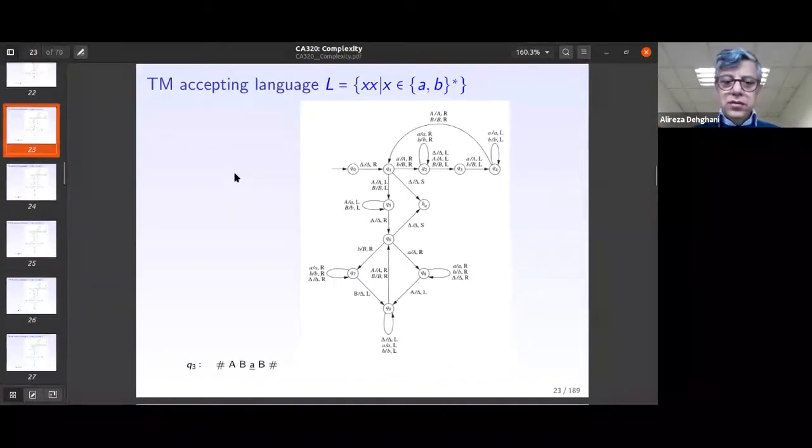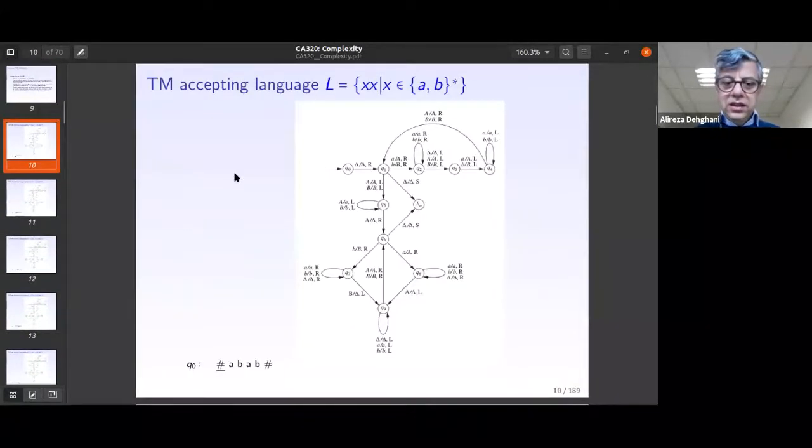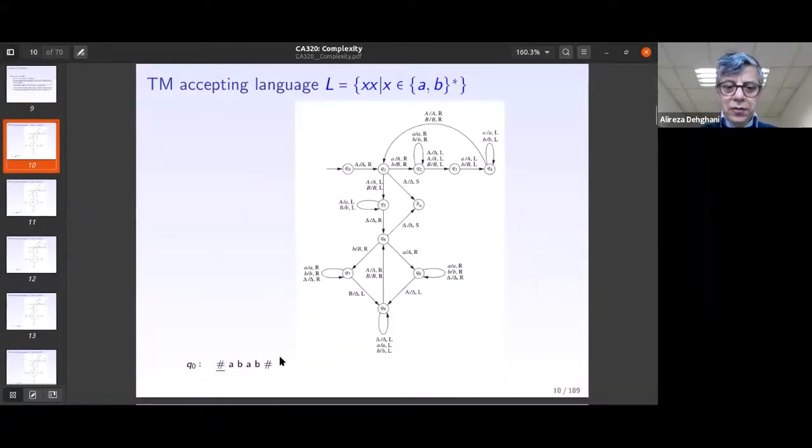As you can see from the beginning, there was a string like AB. We wanted to check with this machine to see if it accepts this string from a specific language or not.